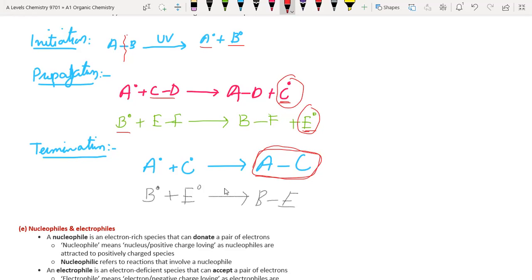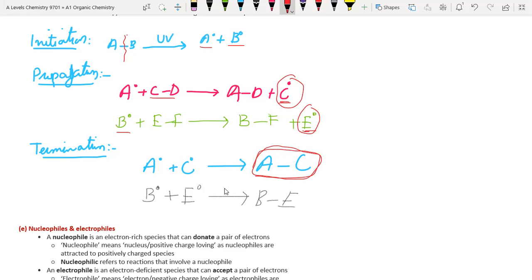Free radical substitution involves three steps. Initiation, which is the production of free radicals, in which the compound breaks homolytically, giving two free radicals.